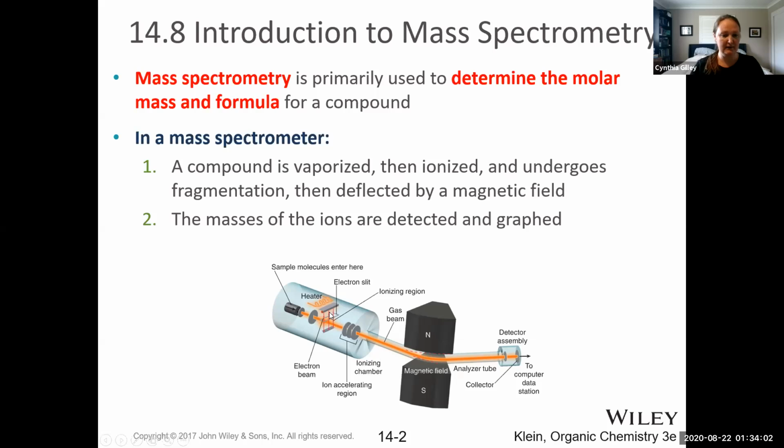The ion goes through an accelerating process, and as it comes into a potential turn, you can see the north and south of the magnetic field. So it's passed through a magnetic field, and only compounds that are charged are deflected by the magnetic field. They would make the turn and then eventually reach the detector and show up on the spectrum.